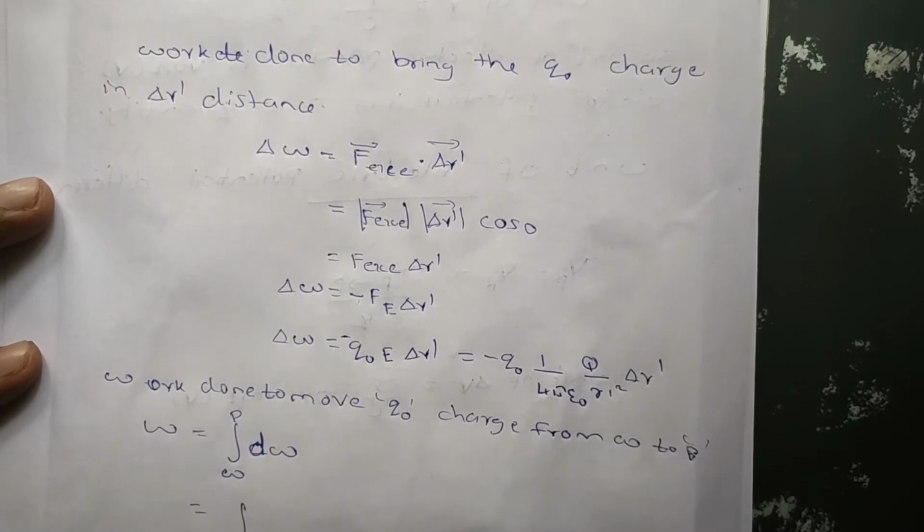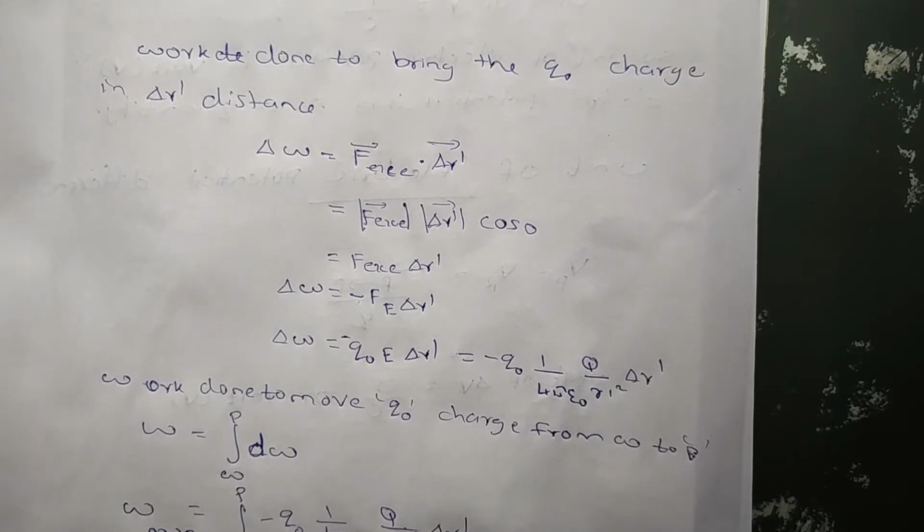So how much is that? Integration from infinity to P of minus Q naught, 1 by 4 pi epsilon naught, capital Q by R dash square, into delta R dash. That is the work done to move Q naught charge from infinity to P.